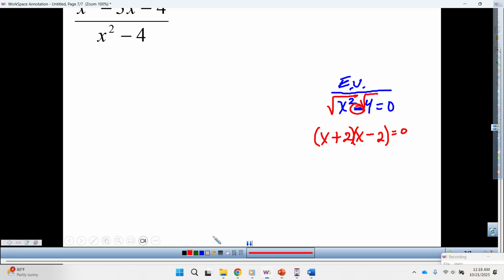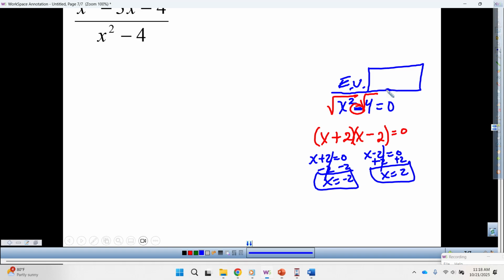From there, the rest is history. Set each one equal to 0: x plus 2 equals 0, x minus 2 equals 0, and solve. Minus 2 minus 2, x equals negative 2; plus 2 plus 2, x equals 2. So my excluded values are negative 2 and positive 2.